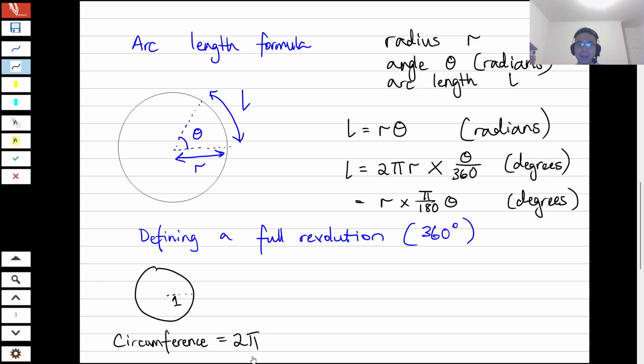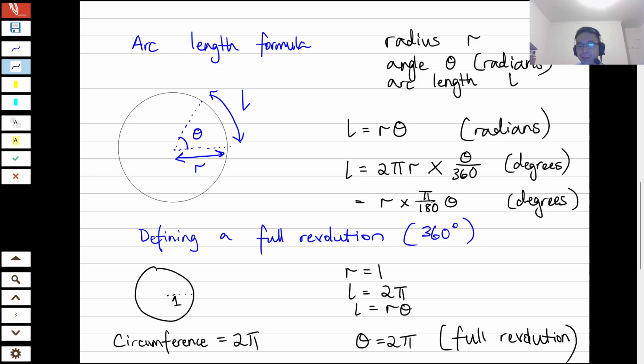Which means that if I define r equals 1 and L equals 2 pi, and use the fact that L equals r theta, I get theta equals 2 pi for a full revolution.